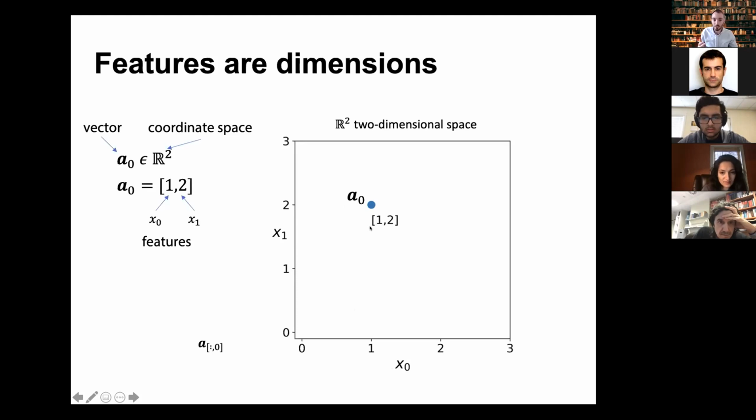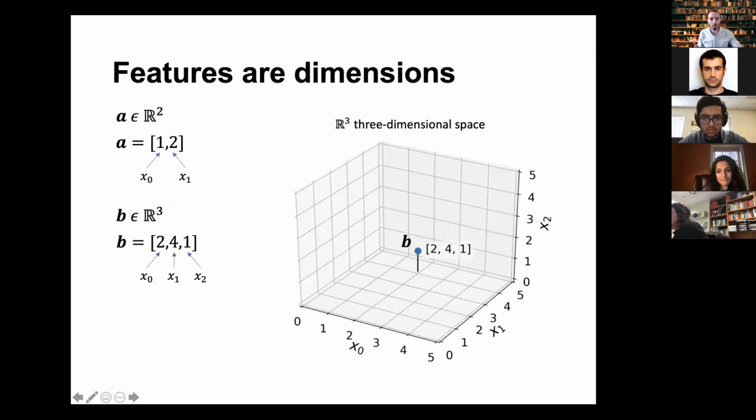It's a vector. The vector has two values. For x0, the value is 1. For x1, the value is 2. You can say that a exists in this space, that a is an element of R2, and then a0 equals this vector. This is our vector representation of that observation.